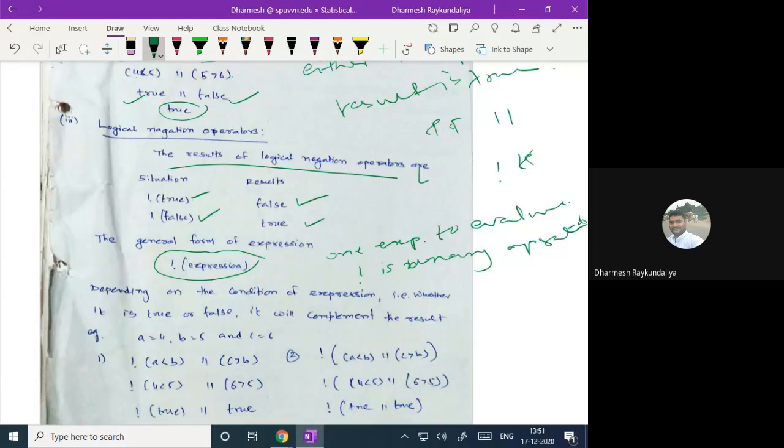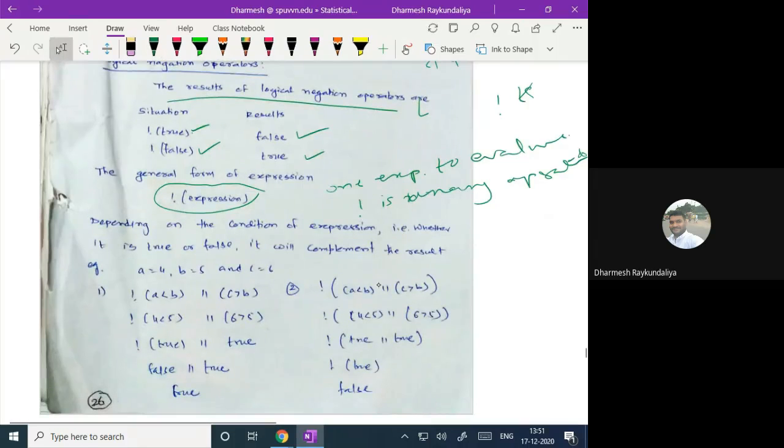Okay. Depending on the condition of the expression, whether it is true or false, it will complement the result. Suppose we evaluated some expression and the result is true, but when you give the negation, it will complement it. What is the complement of true? It is false. If the expression is false, what is the complement of false? It is true.